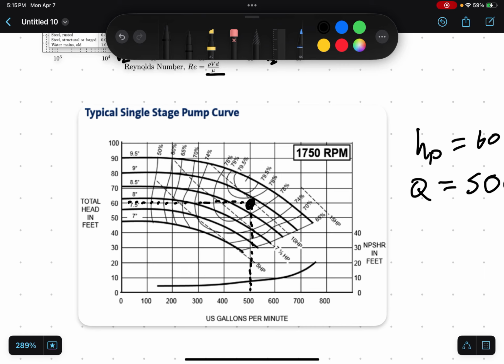Cool. So what size pump should you do? Should you do an impeller of 7 inches or 7.5 inches or 8 inches or 8.5 inches or 9 inches or 9.5 inches? Well, to be safe, you should do 9 inches in this example.